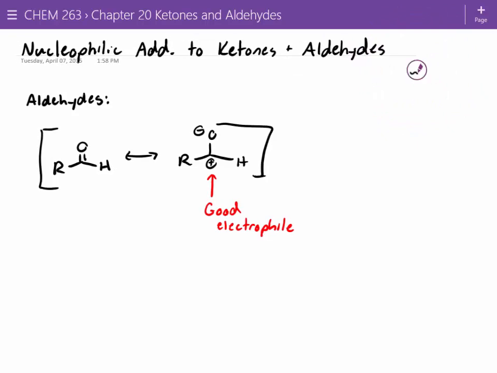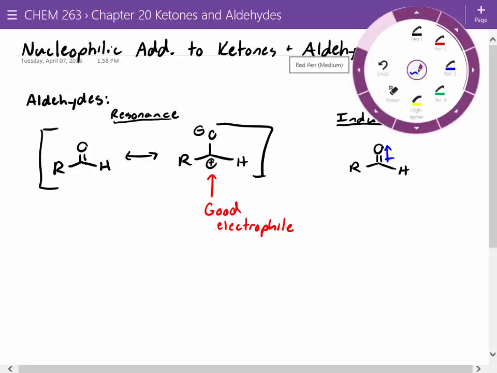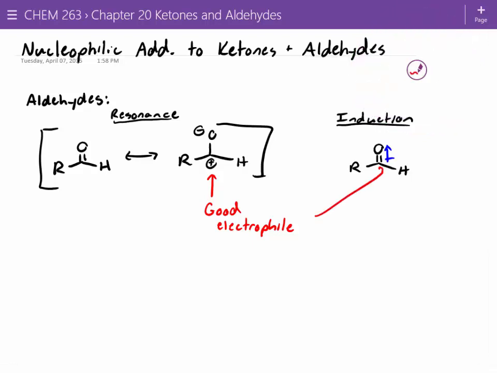So we can invoke resonance to explain its electrophilicity, or we can propose induction. The reality is it's a little bit of both. And if we're explaining it in terms of induction, we're just saying that oxygen's more electronegative, which means that that carbon is going to be a good electrophilic site.